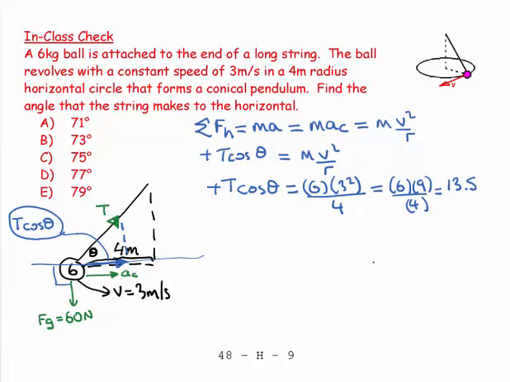Problem. I have two unknowns. I have theta, which I'm trying to find, but I have this tension, which I don't know. So I need to make it into a two-step problem.